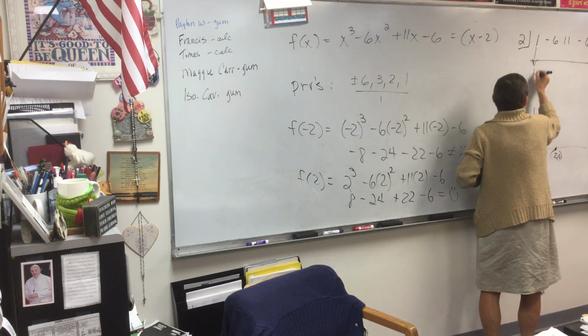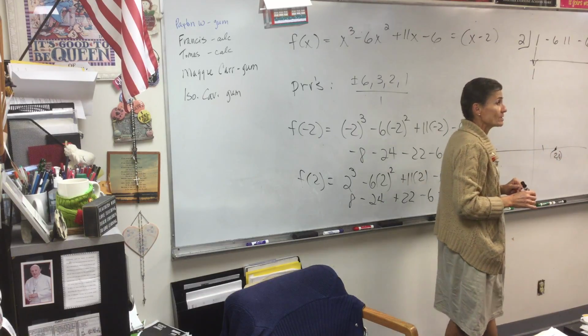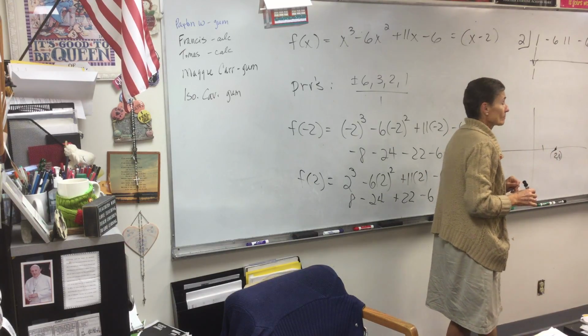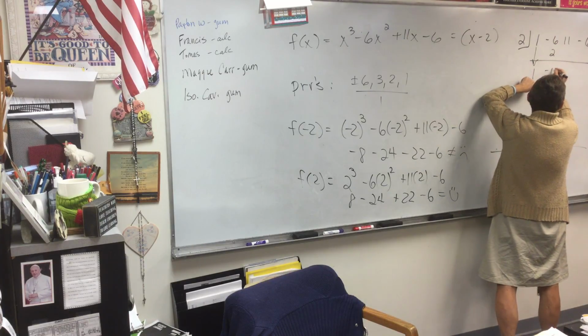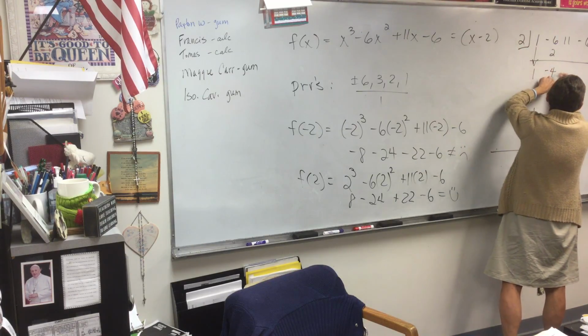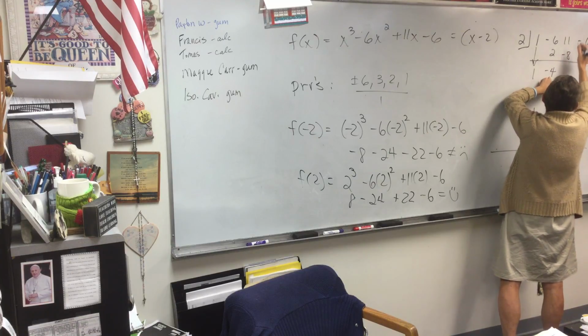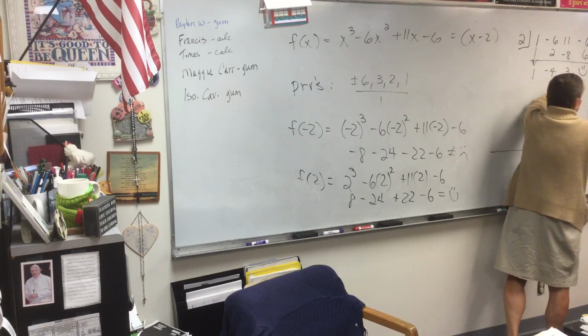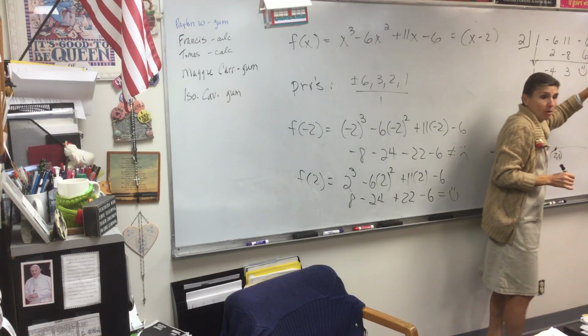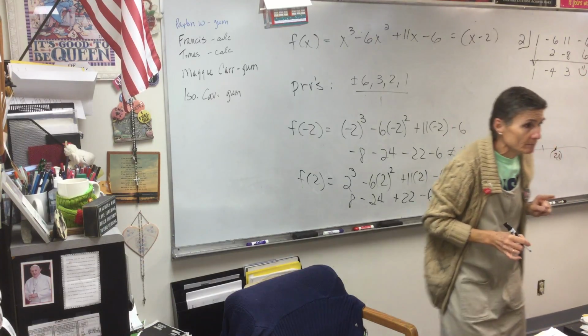This comes straight down, always, whatever it is. 2 times 1 is 2. Add. 2 times negative 4 is negative 8. Add. 2 times 3 is 6. Add and get 0, which is your remainder.